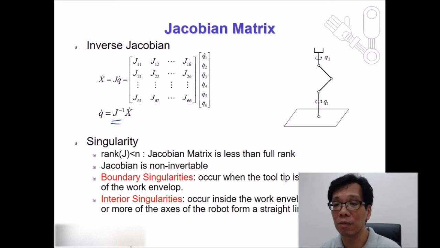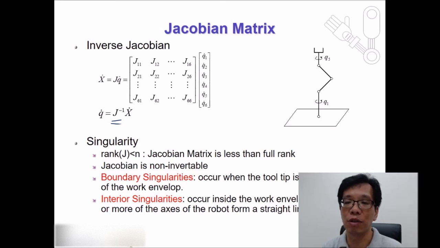When it's non-invertible, we have two different kinds of boundary conditions, two different kinds of singularities. The first one is boundary singularities, which occur when the tool tip is on the surface of the work envelope. So it might follow a specific trajectory, and we might need to worry about the boundary condition.